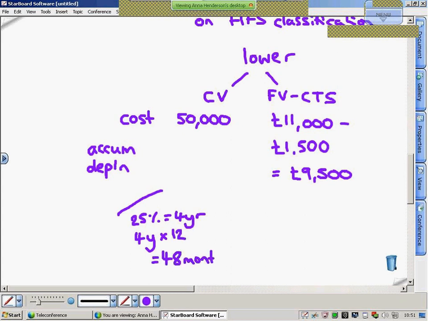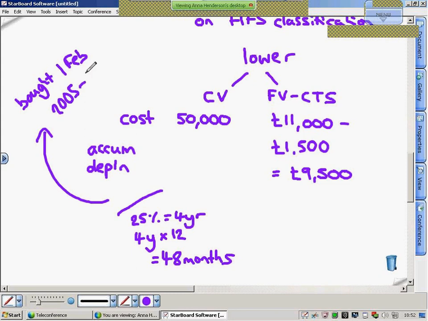So how many months have we owned this asset until it is classified for sale? It was bought first on the 1st of August 2007.